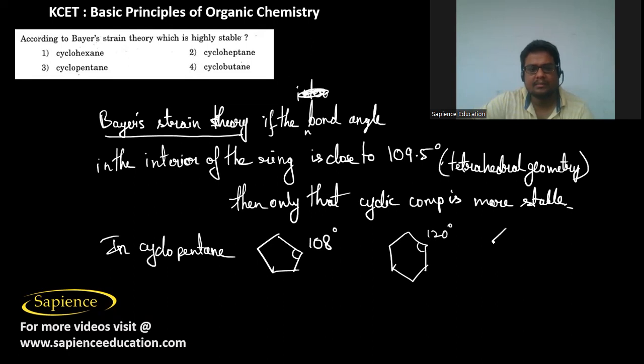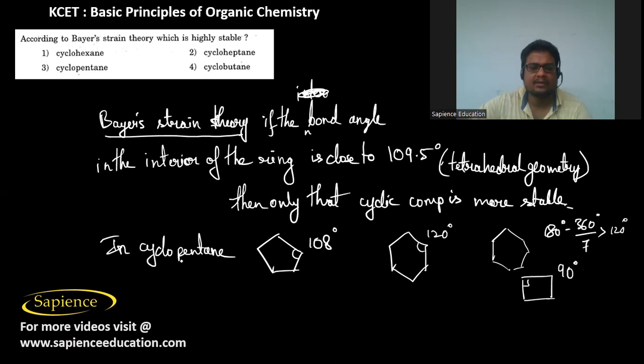And in cycloheptane, the bond angle will be 180 minus 360 by 7, which will be even more than 120 degrees. And in cyclobutane, the bond angle is 90 degrees.